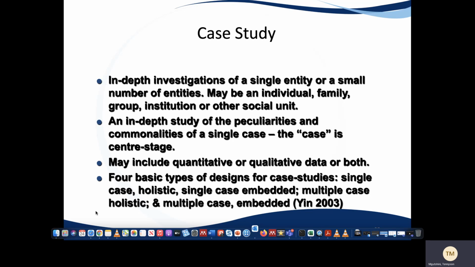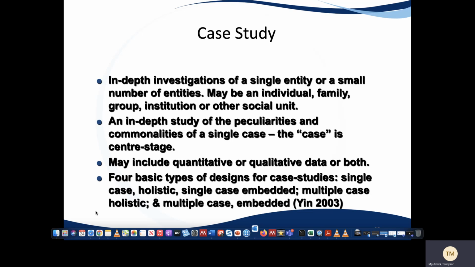So if you decide that you're going to do an in-depth investigation of something, and the subjects that you look at, you will refer to as cases, those cases you can decide to analyze qualitatively, or you can decide to analyze quantitatively. And so you find that case study is not typically aligned as being a qualitative tradition, because it is also a quantitative design.